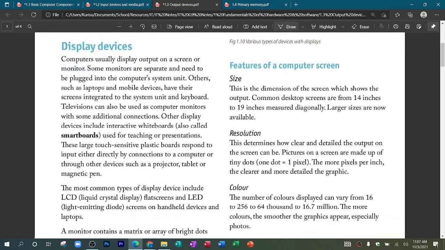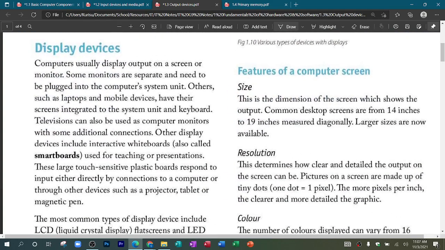Now, under the soft copy, we have display devices as examples. So what are some examples of soft copy output? For displays, we have the screen or monitor on laptops and mobile devices, your television, smart boards, touch sensitive plastic boards, projectors, tablets, and so on. Once it has a display, that is a soft copy output.